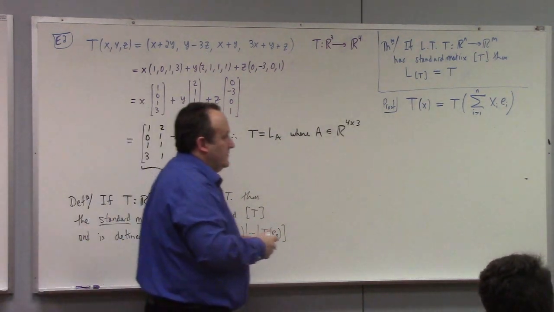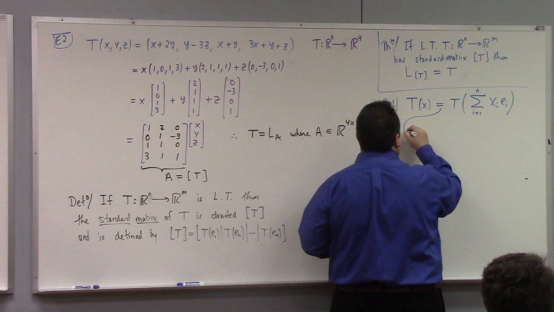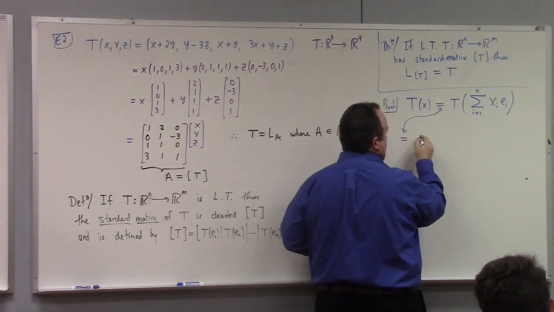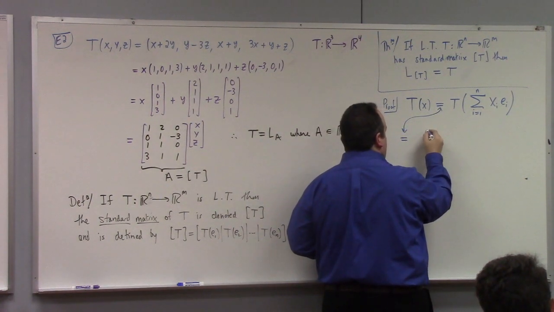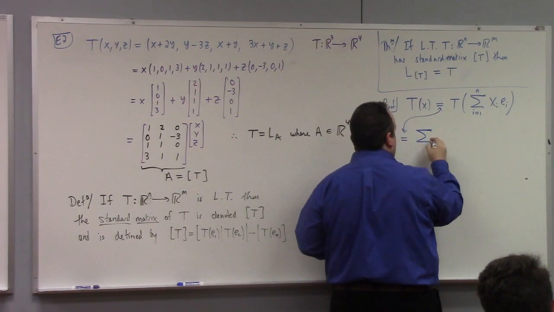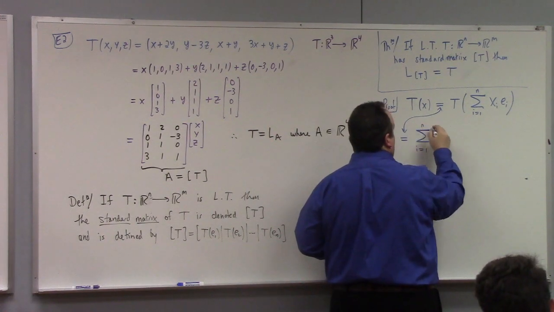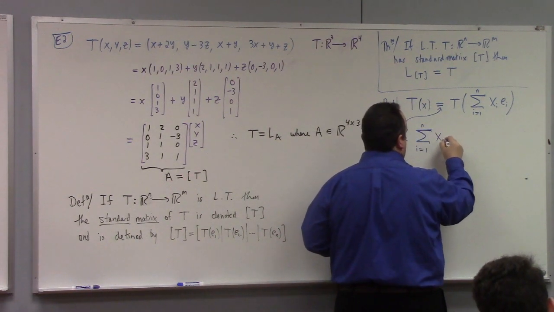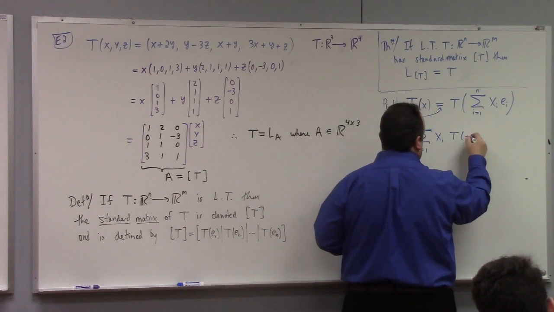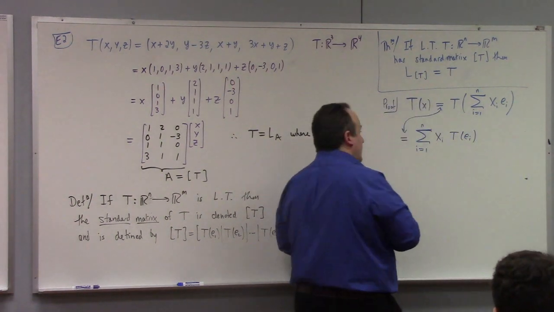Then we can do what? Well, then we can use the additivity and the homogeneity to pull out the summation and to pull out the numbers x sub i, and that just leaves us with T of e_i, like that.